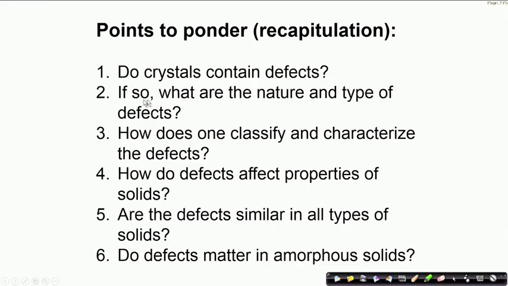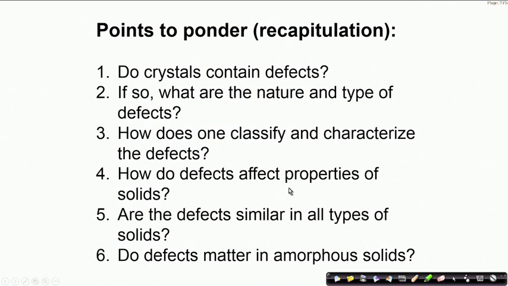You also have defects which are of different types and of different nature, and we discussed those various types of defects among the point defects, line defects, and various other defects. So we can classify the defects in terms of dimension, in terms of their origin, and we also discussed how we can characterize these defects.